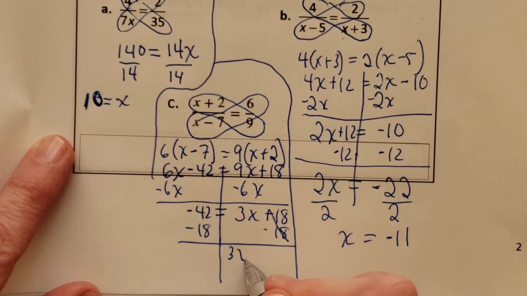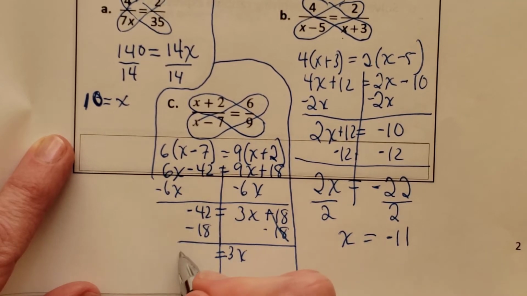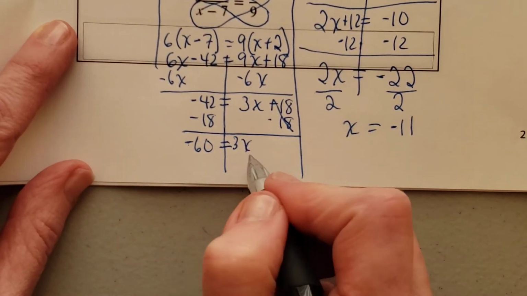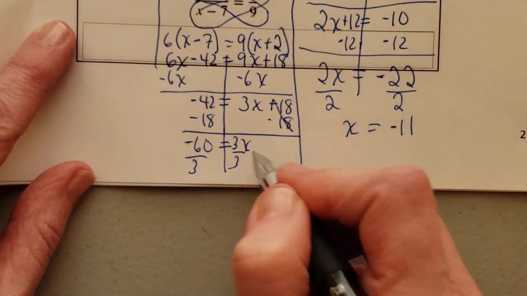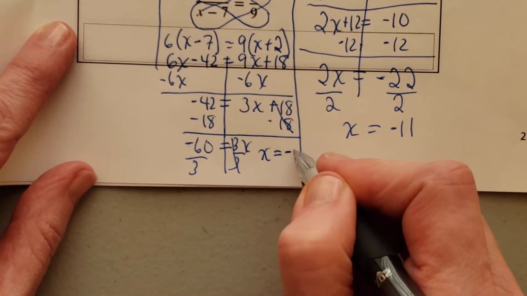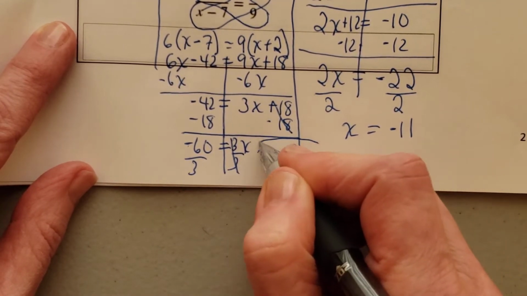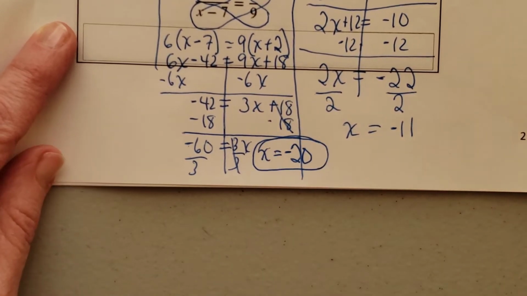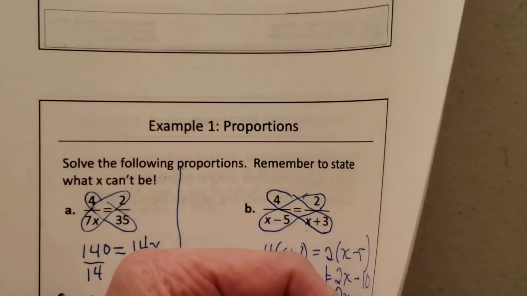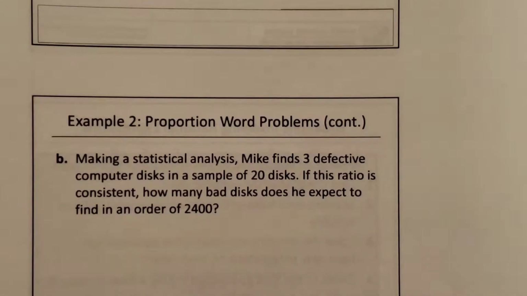I bring down my 3x is equal to negative 60. The last step is to divide both sides by 3, and x is equal to negative 20. So we have just solved those proportions.